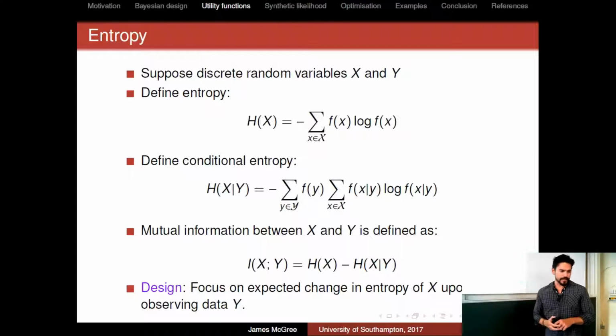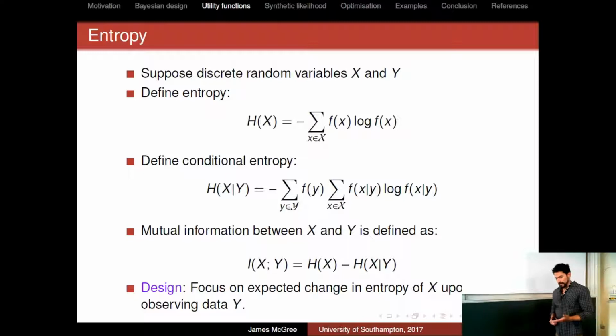So when you take the difference of these two, that's called the mutual information between x and y. And so why is this relevant to design? Well, we actually use this mutual information to define or derive utility functions. Okay? So if we think about x as being a random variable in design, well, that could be a random variable about our parameters, or it could be a random variable about our model indicator.